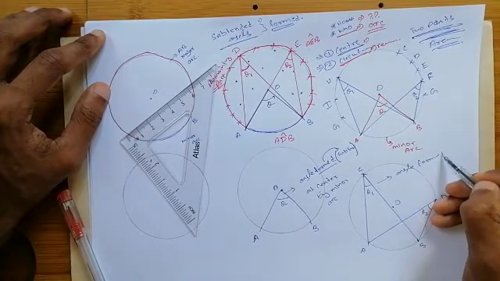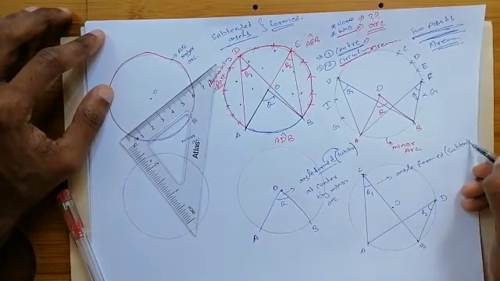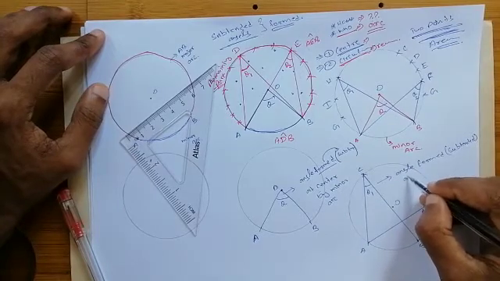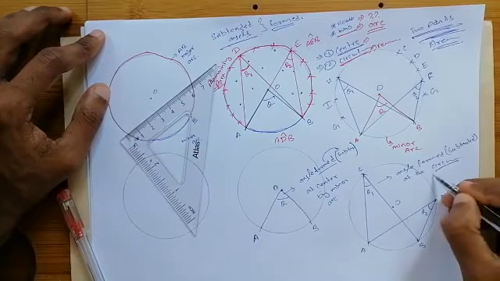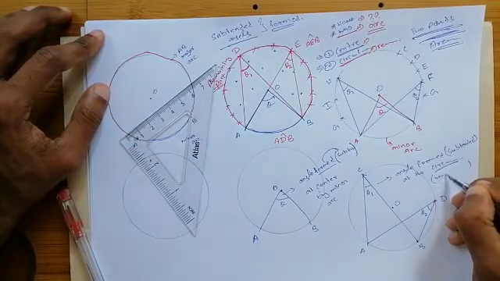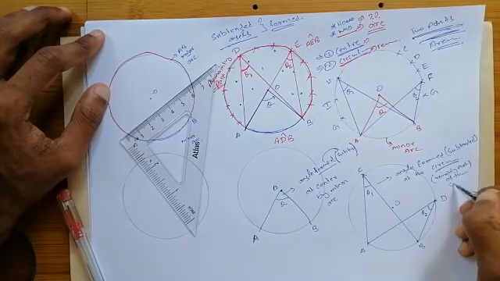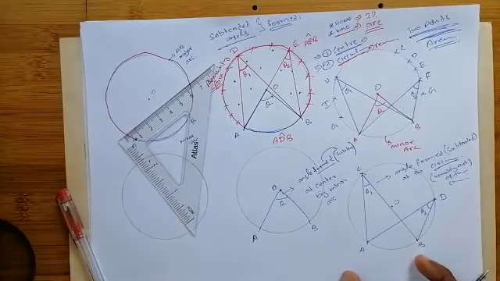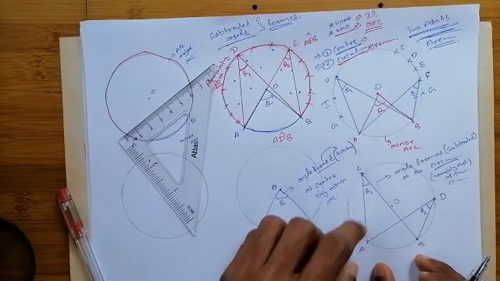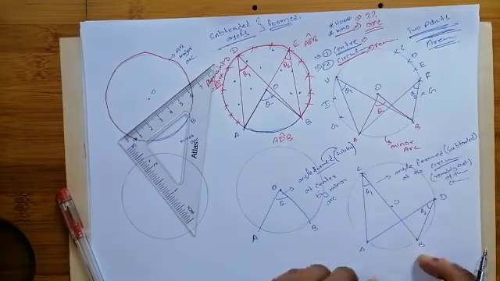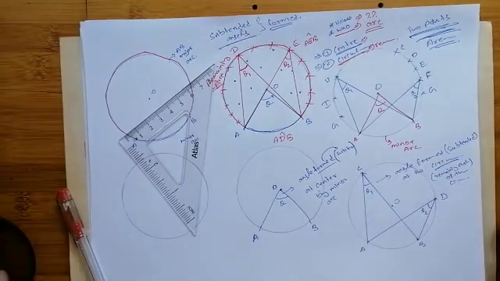Remember the word subtended: angle subtended at the circumference. Instead of circumference, we are going to use the remaining part of the circle. So AB arc can subtend an angle on the remaining part. It is theta 1 and also theta 2. We have so many places on the circumference where we can subtend an angle.